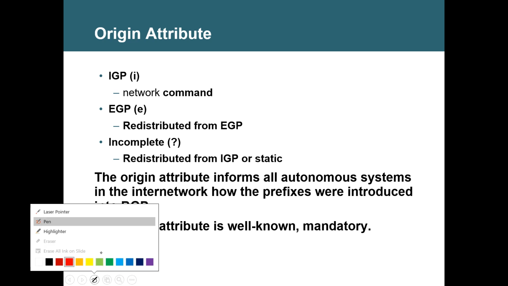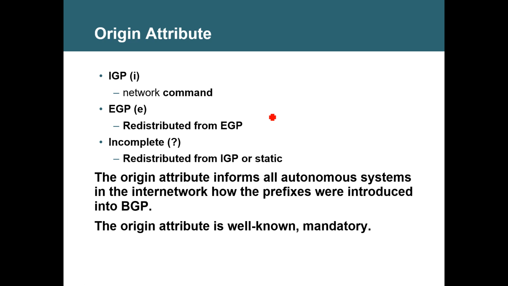About this we saw, but what we have not seen is I is smaller than E is smaller than question mark; smaller is preferred. So I have three sources giving me the same network. Three sources are advertising me a path to reach a network.